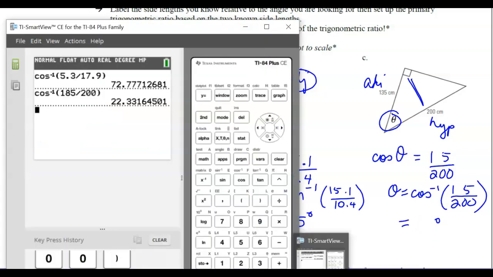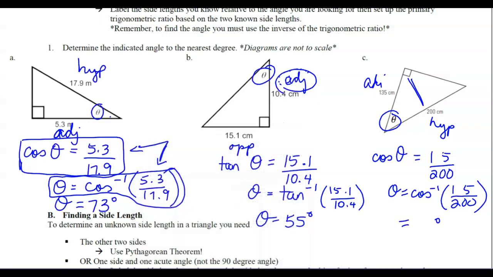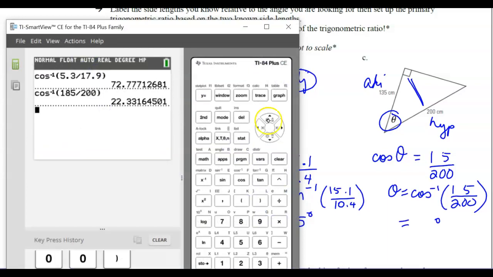Okay, so if you have a TI, here's a trick I'll show you. In your TI, you can go up to the first calculation that I had, copy it out, so enter on it, so it copies it, and then cursor backwards and change that to 135. You don't have to enter it all again. And I think also on Casio's the same thing happens.